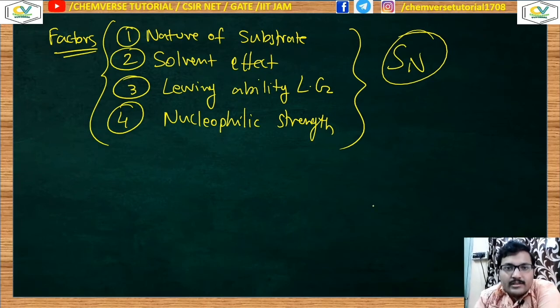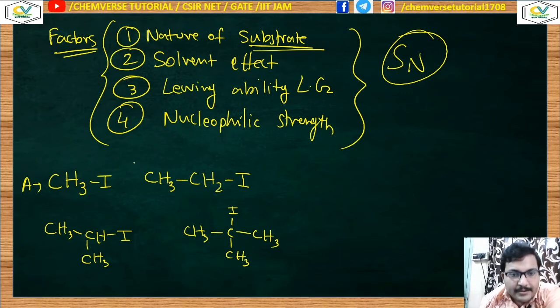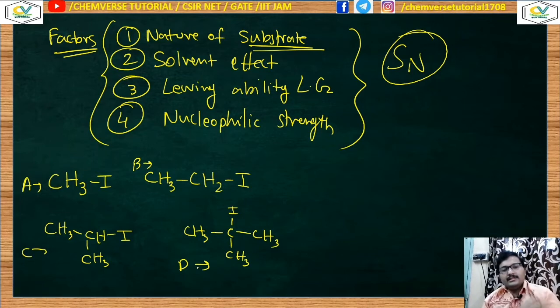Now, what is the role of the substrate? So these are the 4 substrates. Now I have to discuss SN1 reactivity. Before starting, let's label them A, B, C and D. So these are the 4 compounds A, B, C, D. For SN1, the first step, the slow rate determining step, is the formation of the carbocation intermediate.